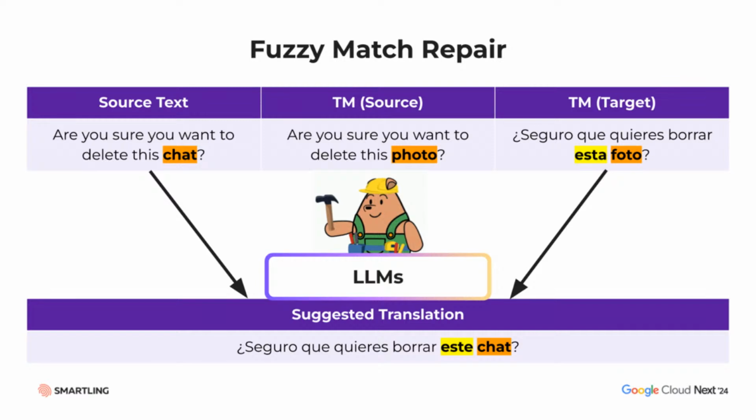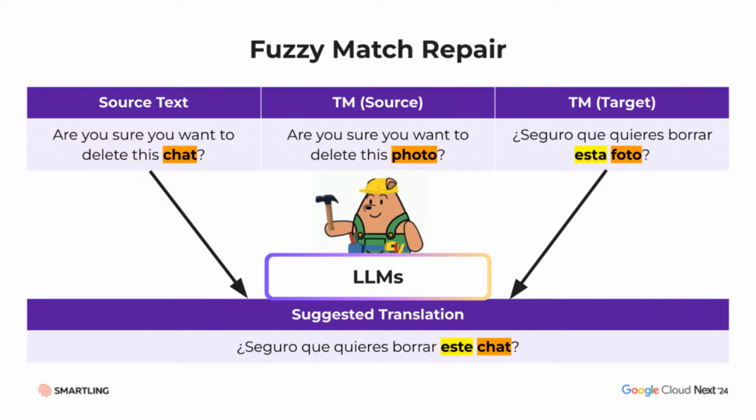Okay, so one other area of application of a Google model, in this case Palm, is in fuzzy match repair. What is fuzzy match? Fuzzy match is a localization concept of being able to leverage and reuse previously translated content, which is stored in the TMX translation memory exchange format in the platform. Now, when you have new source that is drifting away from the previous source, the further away the source is, the lower your leverage of your previous content is.